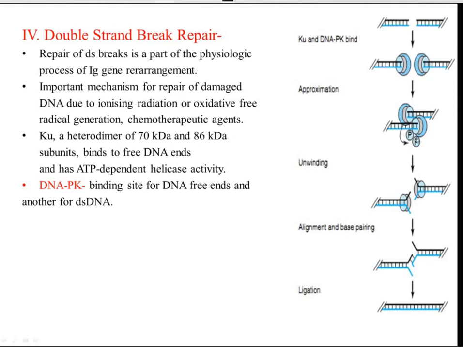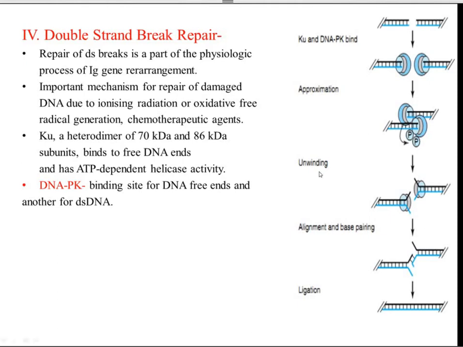After this phosphorylation, what will happen? The DNA helicase activity of Q protein will be activated. Two strands will now open up like this. This double stranded molecule will now open up like this. And the DNA protein kinase will now separate.